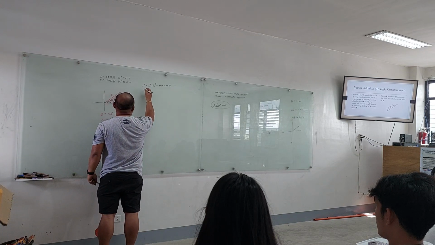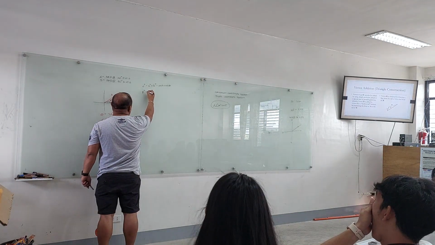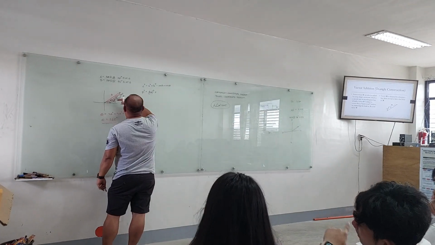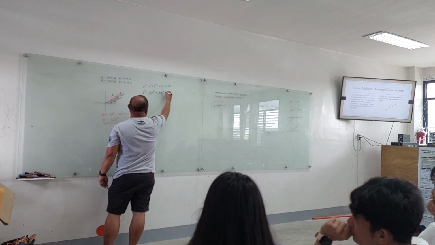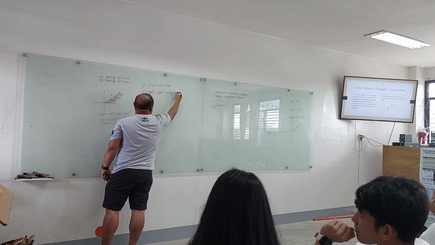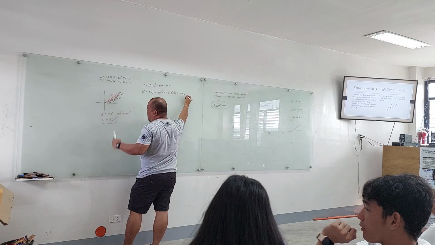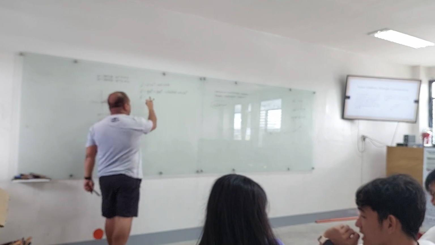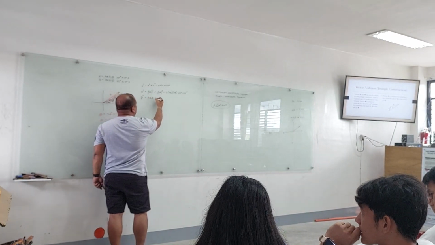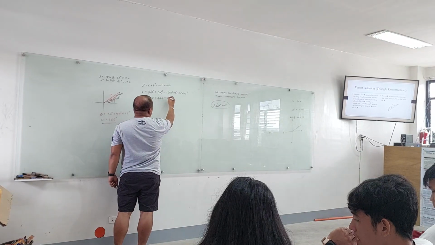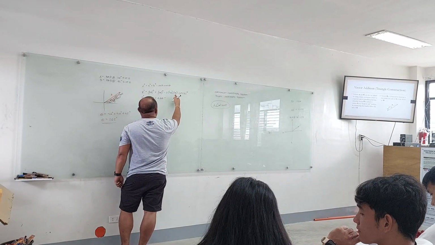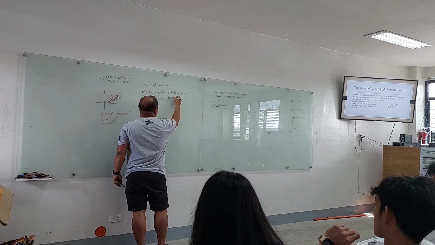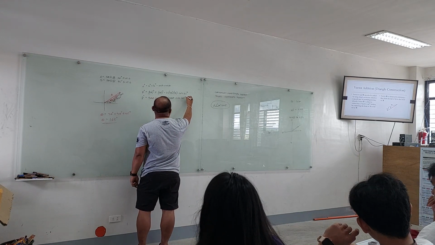So R squared is equal to 30 squared plus 20 squared minus 2 times 30 times 20 cosine of 165 degrees. R squared is 900 plus 400 minus 1,200 cosine of 165 degrees.